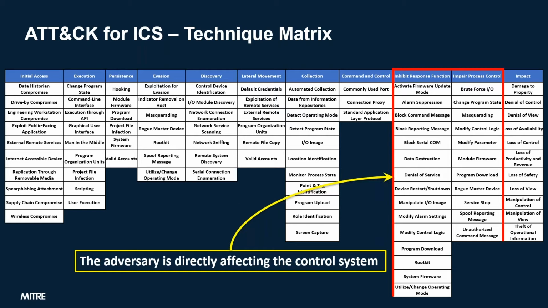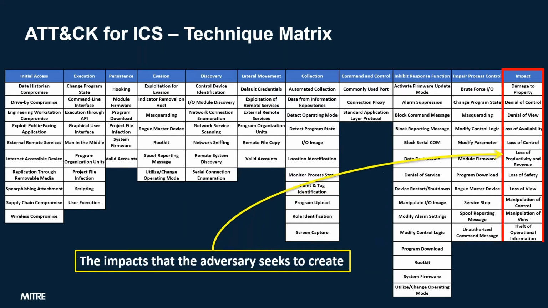Inhibit response function is really how do we prevent operators from being able to respond to a particular event, or how do we take out protection or safety functions to allow for our attack to have the greatest impact. And impair process control is really the adversary working against the basic process control system to drive the process into a bad state or create some impact that they're trying to create.